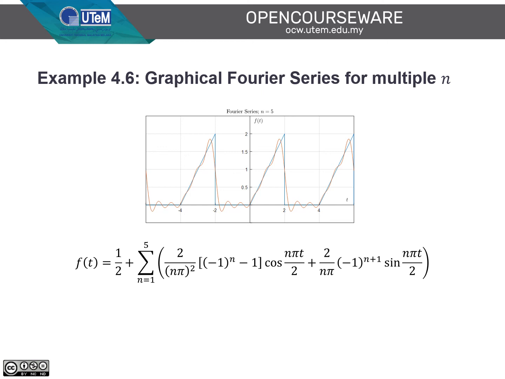Remember that in the series, we have the summation n equals 1 to infinity. Now, if I just solve the series from n equals 1 to n equals 5 and plot the series, this is how the graph of the Fourier series looks.